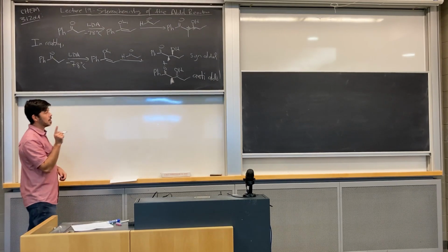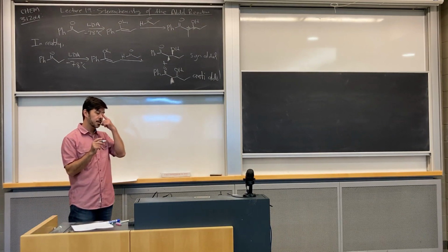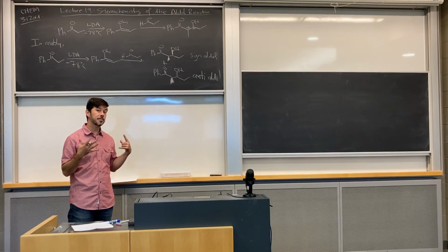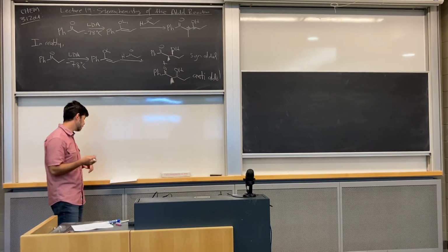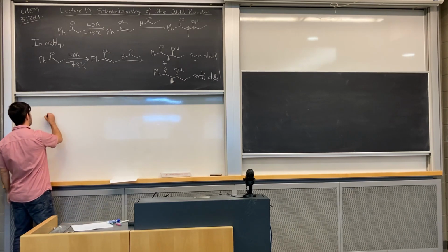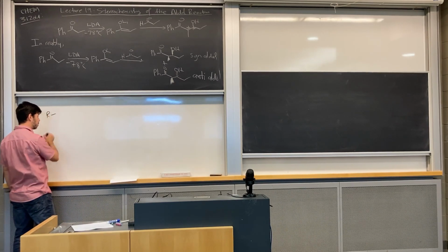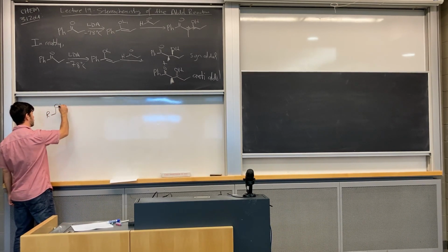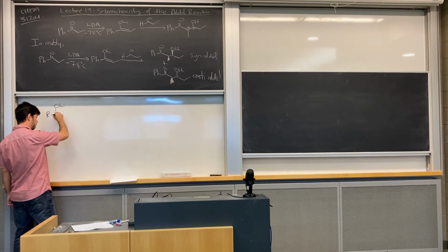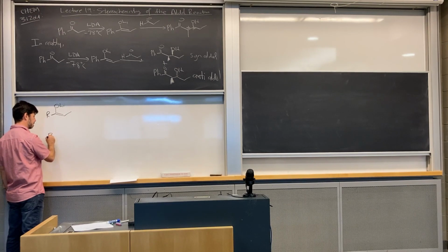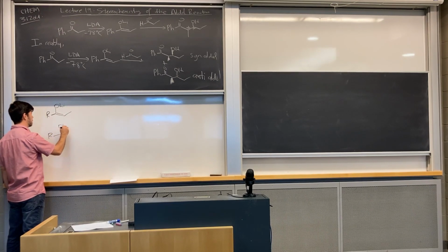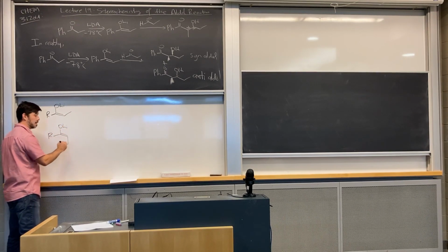It turns out that a lot of this is influenced by the geometry of the enolate. We haven't really considered that, but let's take a closer look. So if we start with our lithium enolate, the enolate can exist in two main forms.